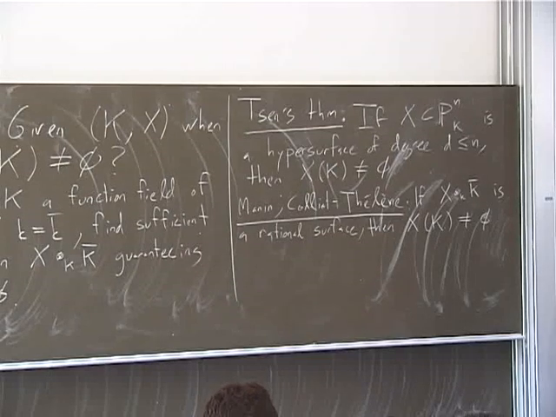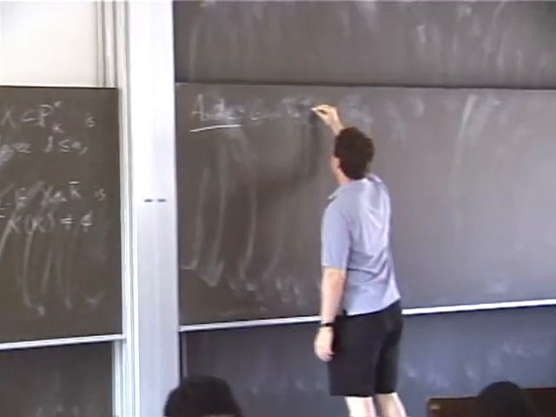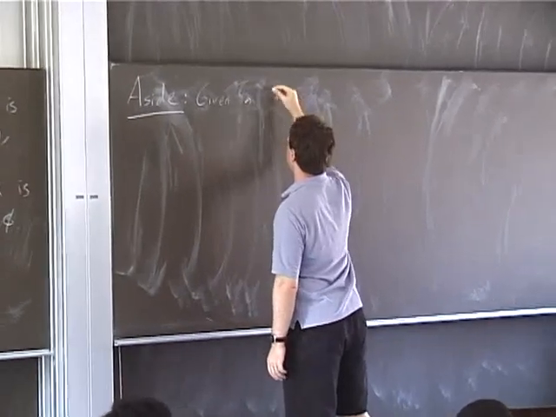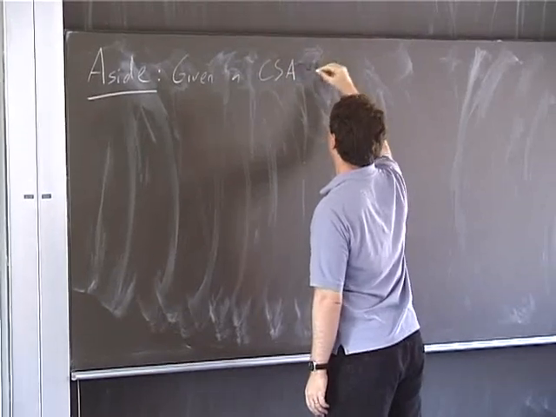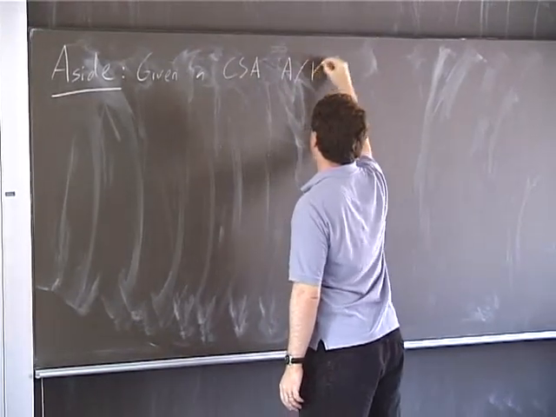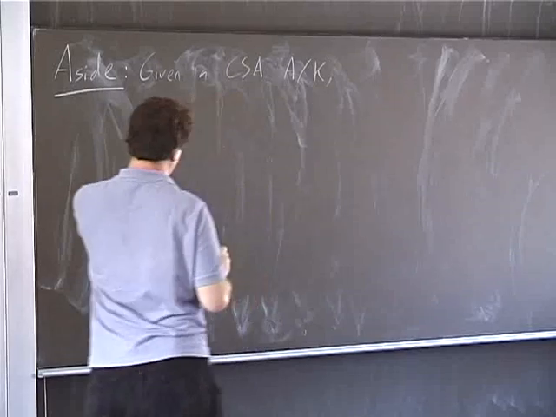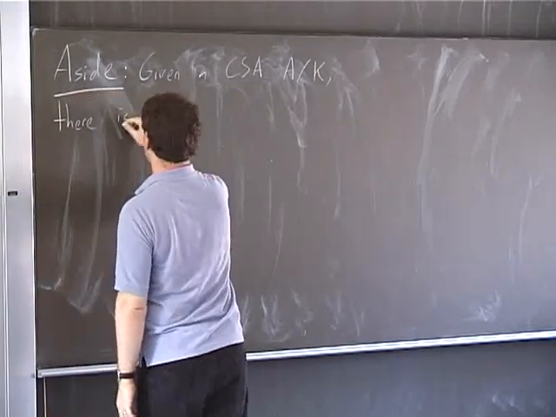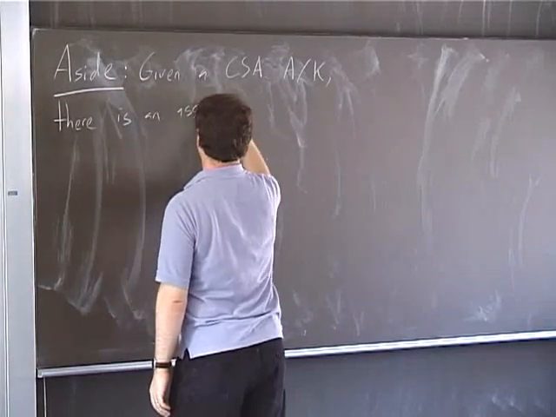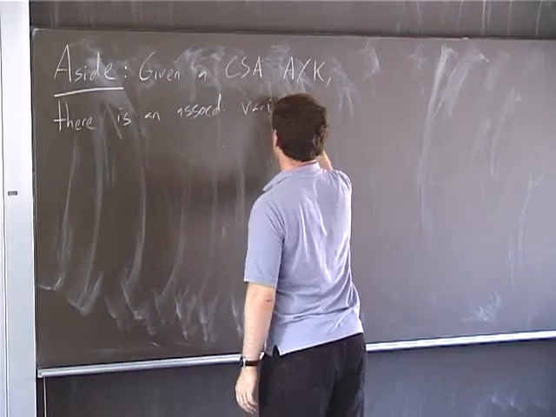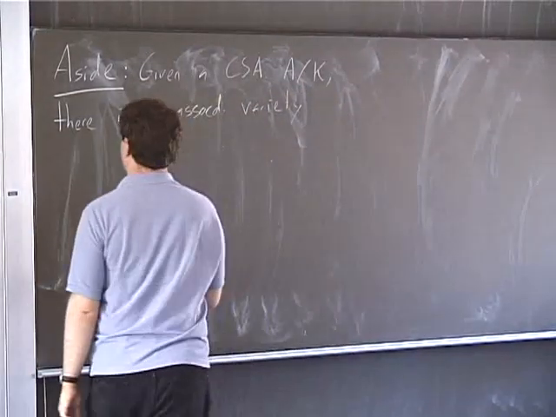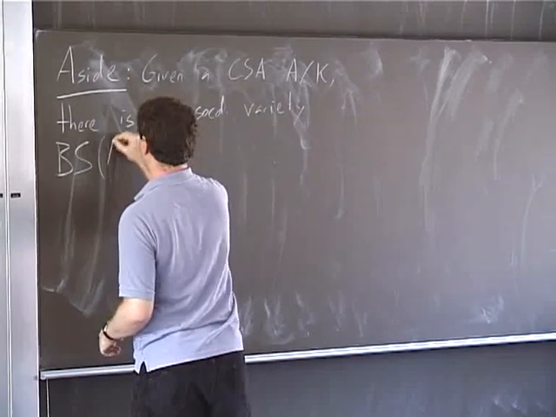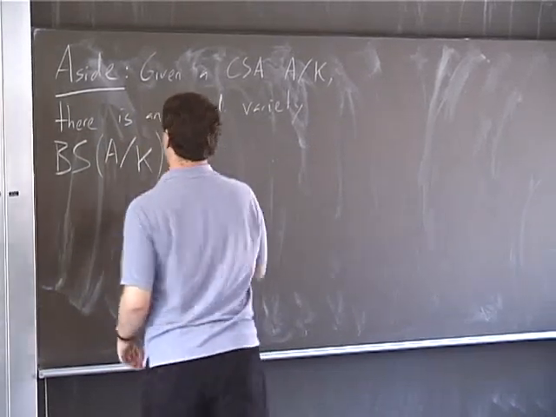Given a division algebra, or more generally a central simple algebra A over K, there are these things called Brauer-Severi varieties, or maybe Severi-Brauer, people use both notations.